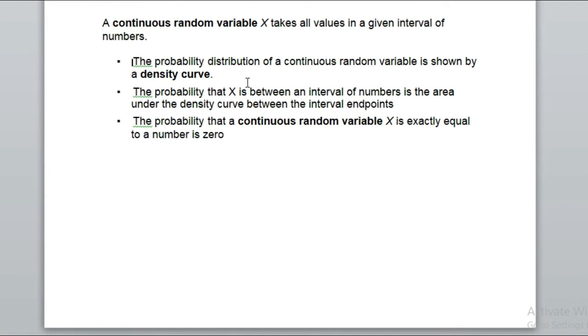The probability that a continuous random variable x is exactly equal to a number is 0.